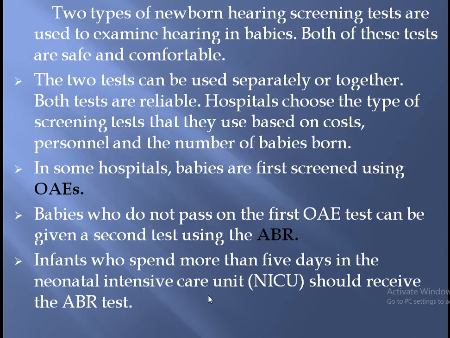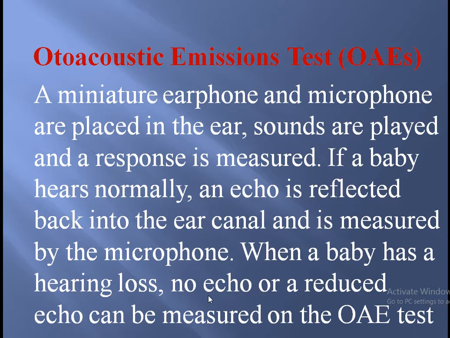What are these tests? The first one is the otoacoustic emission test, in which you place a very small earphone in the ear so that sounds are played, and in response to that the graph is measured. The graph is plotted.